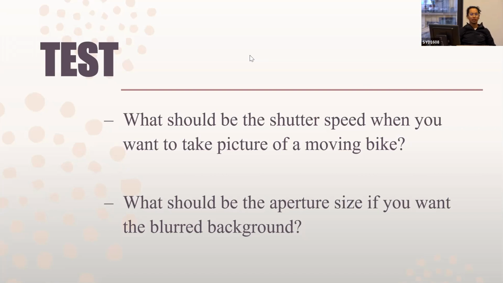Aperture 1.4 is a low number, but the size of the aperture is actually big when it's 1.4, whereas when it's 22, it's actually small. It's kind of confusing for the first time, but I guess you guys are getting what I mean to say. On f/1.4, that's exactly what we want. Higher shutter speed for the bike, and lower, that's 1.4, which means actually it's big, for blur.